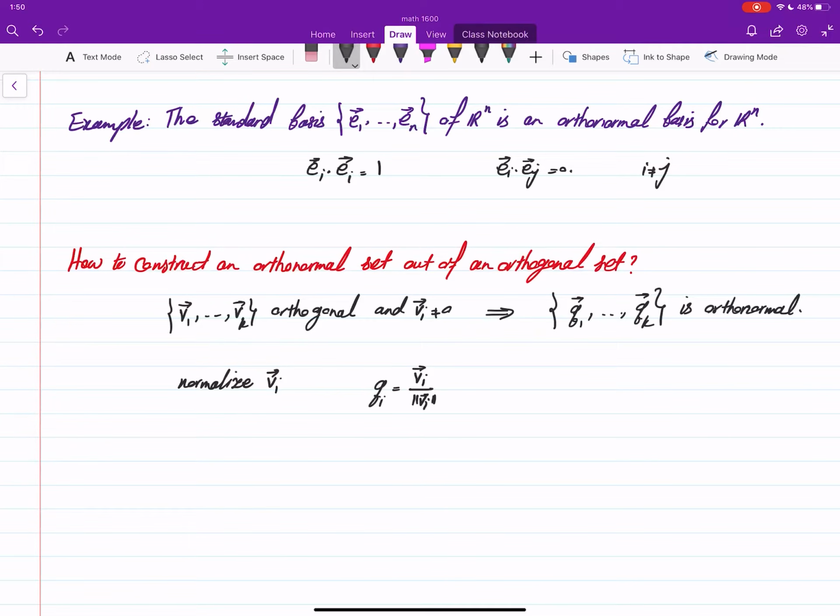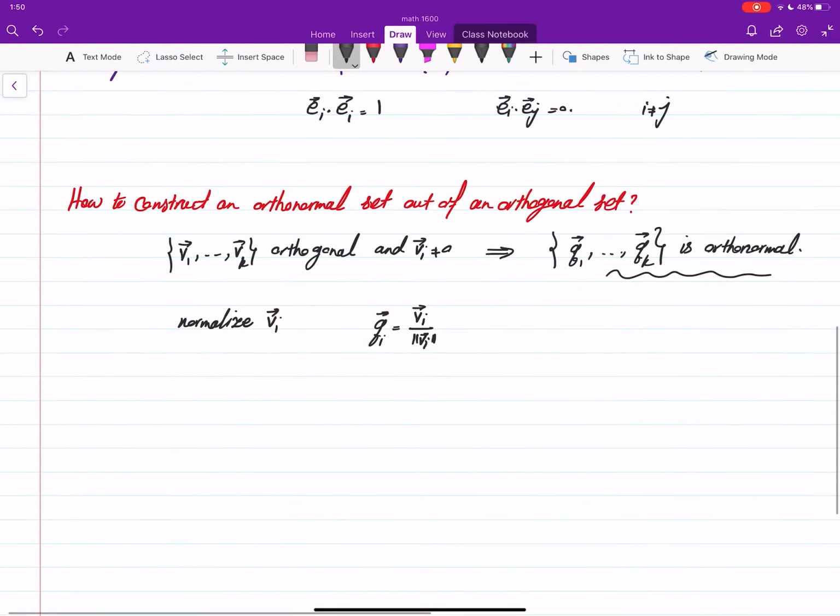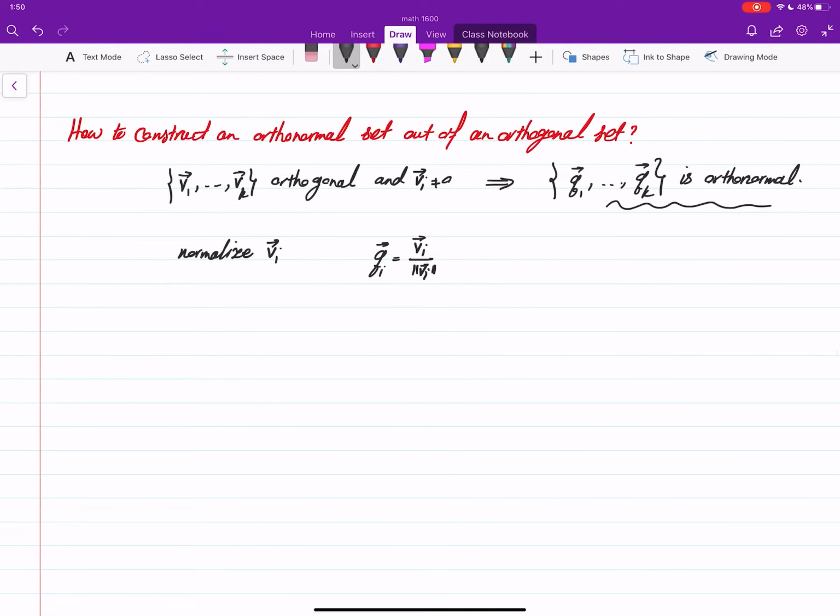So this is what we will call qi, and these qi's are an orthonormal basis. So basically you have an orthogonal set of non-zero vectors. To turn it into an orthonormal set, you just normalize all the vectors. Okay, so let's do an example here.